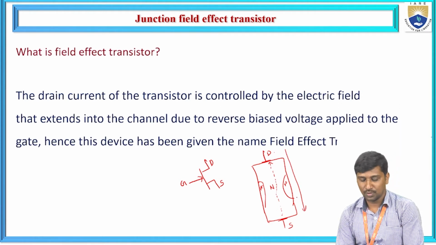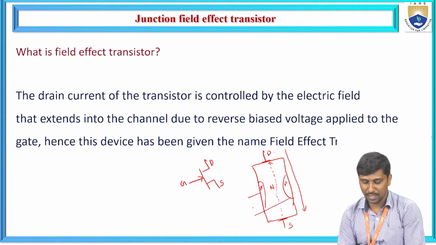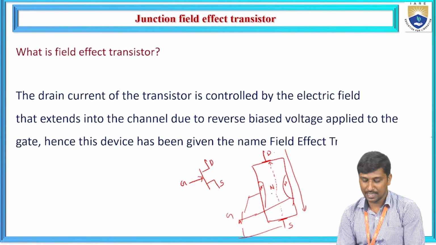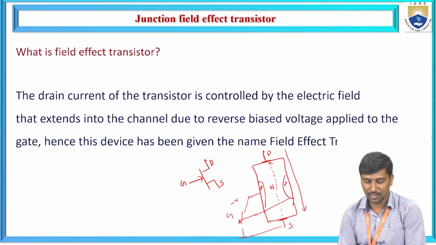If you want to control this drain current, we need to apply a biasing voltage between the gate terminal with respect to the source. When VGS is 0, there is no controlling of the drain current, so the maximum current flows from the drain terminal to the source terminal. To control it, we need to apply some biasing, and that should be a reverse bias.